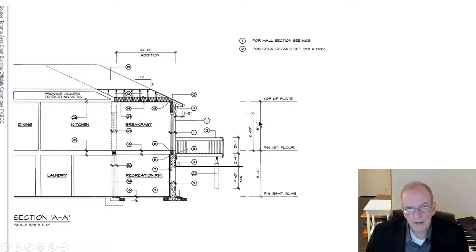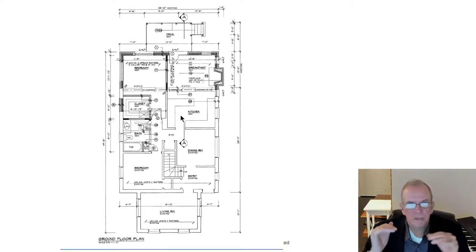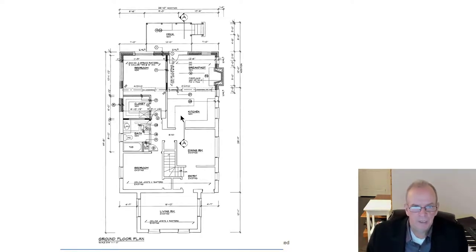I don't care about 8'11" to the top plate. I care that this is going to line up with this ceiling because this is going to be open right through. You want a smooth ceiling and a smooth floor between. So you have to make those little adjustments in thinking. Even in new construction, often you have to make some of those adjustments too.